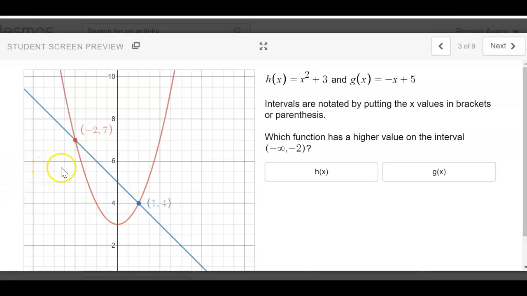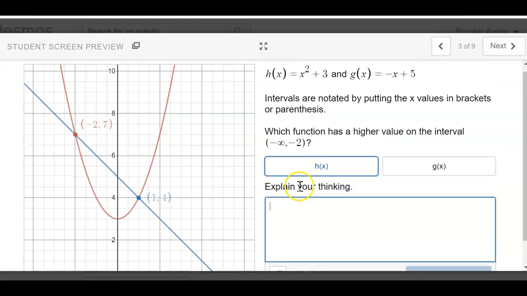So from here all the way till x is negative 2, I want to know which graph is higher up. Is it the red graph or is it the blue graph? Well, it looks like right here, this red graph is way bigger than this blue graph. The red graph is the exponential function, so I know that's h of x. So h of x would be the higher graph.